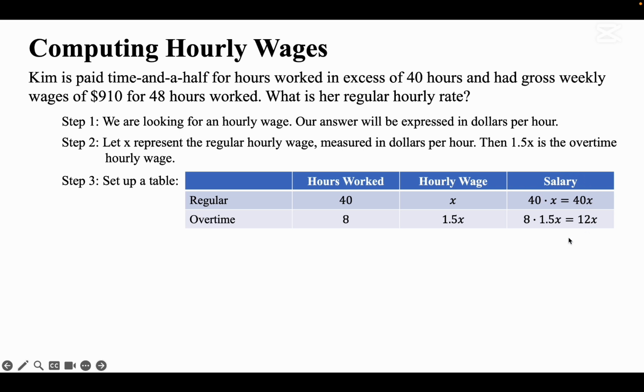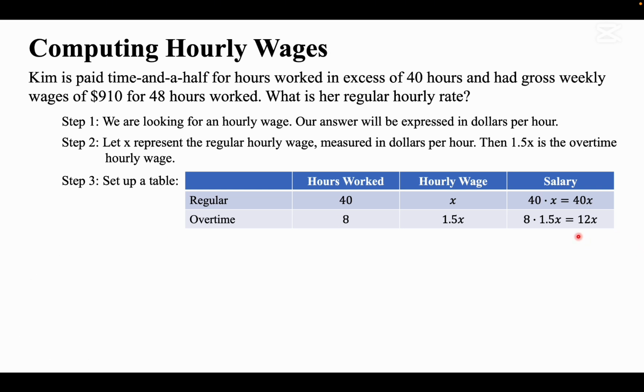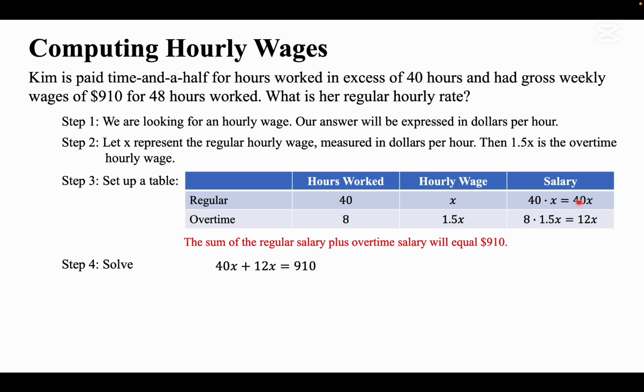Now, the total salary we know is $910. So that means the salary that's coming from the regular pay plus the salary that's coming from the overtime should equal 910. So 40x plus 12x should equal the total pay.